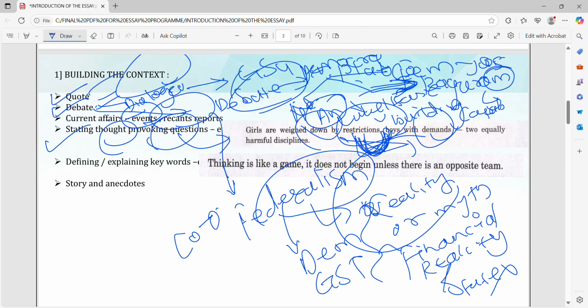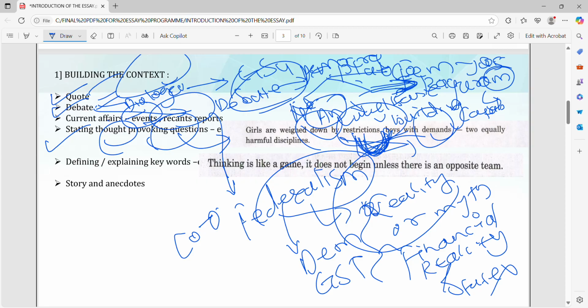We use ingenuity for the provoking question. So we can create questions like why is there a restriction on girls, what is that restriction, what are the demands, why are boys restricted by the demands, what is the progress.